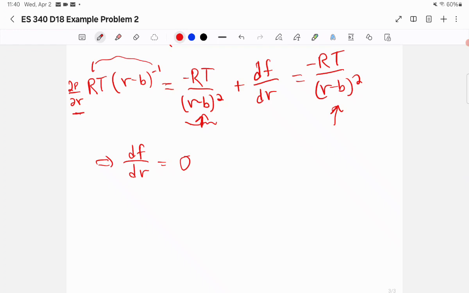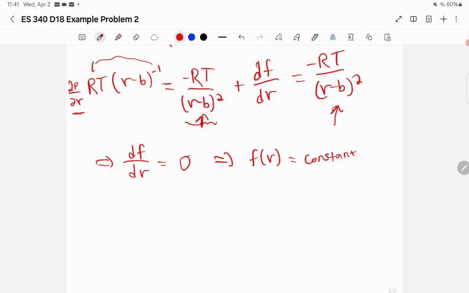So what does that mean? This means that f of V is equal to some constant. Why? Because constants are the only things that I can take the derivative of and get 0.